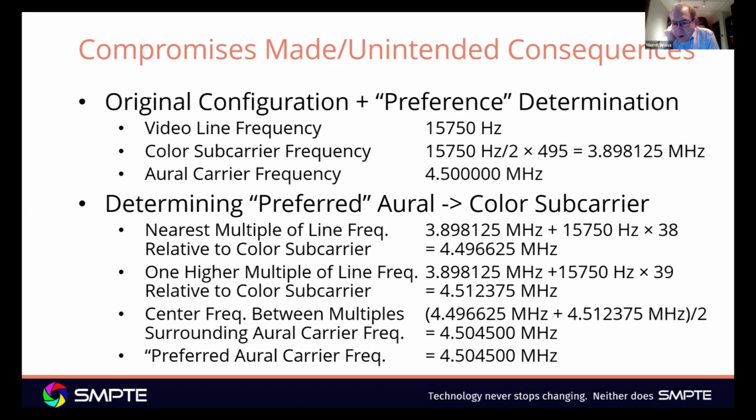And it worked, but there were apparently those who felt that moving the aural carrier by 4.5 kilohertz, or 0.1%, wasn't something that they wanted to do. Now, I've heard the story a couple of ways. I've heard it that there was somebody at the FCC who basically said, "No, we don't want to move the aural carrier."